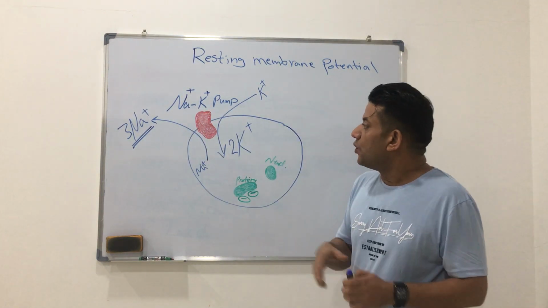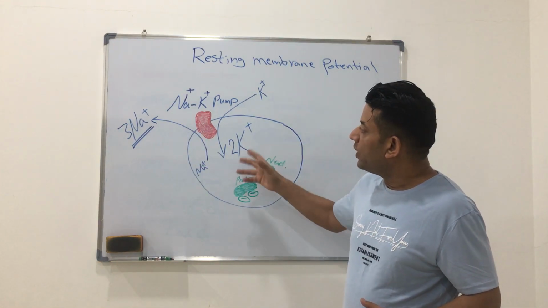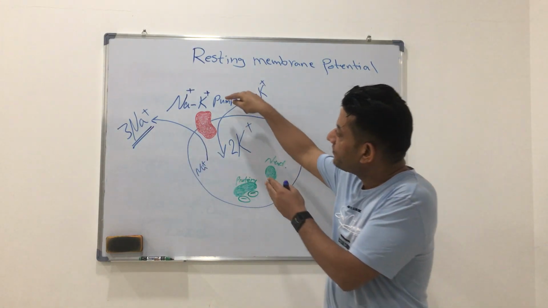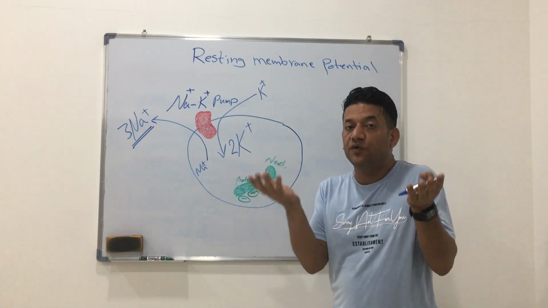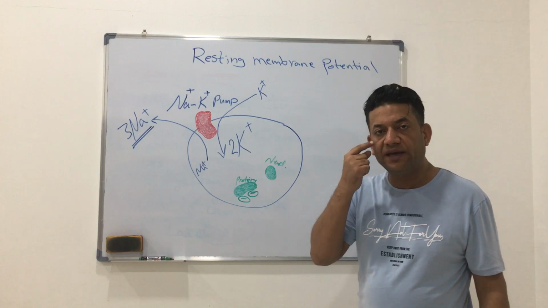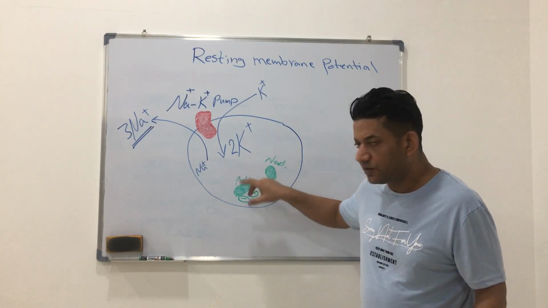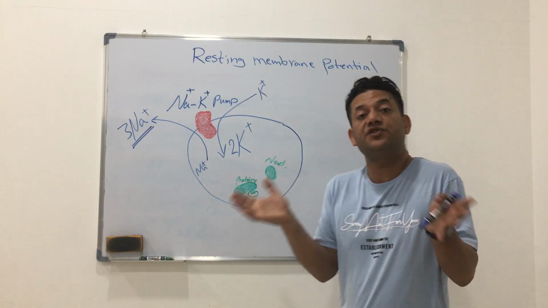And in addition to that, when the positivity decreases because of the sodium potassium pump, the negativity of course will increase. And we have to recall and pay attention that the infrastructures inside the cells, like proteins, are previously negatively charged.